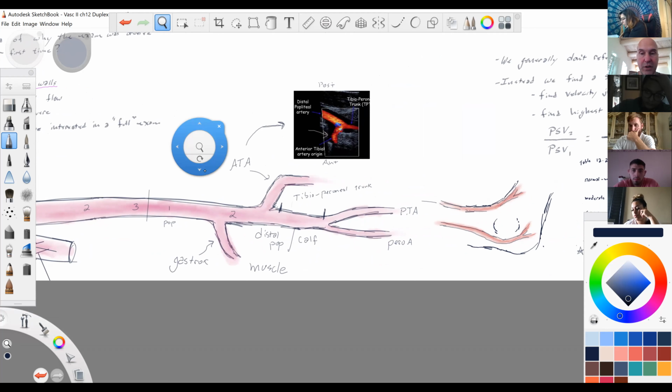So this would be the medial surface of this person's ankle. Distal ATA. No, I'm sorry.